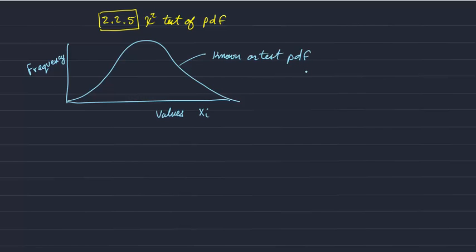So what we're going to do is test whether the frequency distribution of our data adequately fits that of the known PDF. And as you can see, it's a more sophisticated test than just the test of, say, the mean value or the standard deviation.